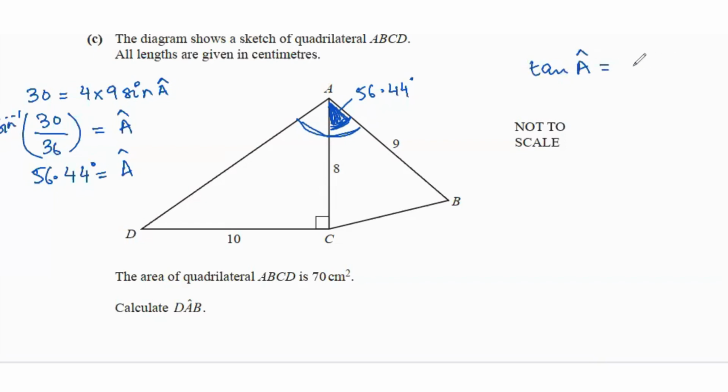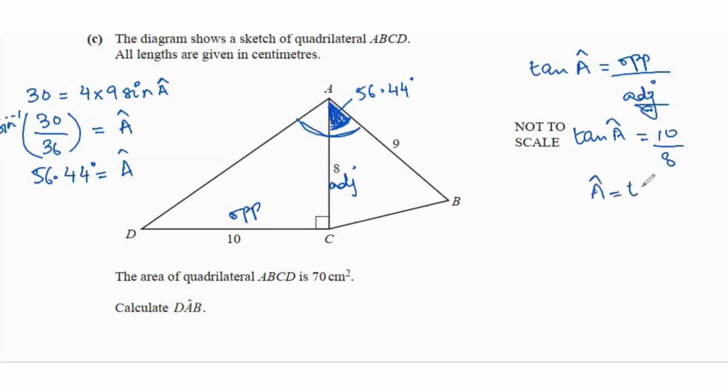Tangent is opposite over adjacent. Opposite is going to be 10, and 8 is going to be our adjacent. So 10 over 8, and A is going to be tan inverse of 10 over 8, which is going to equal 51.34.